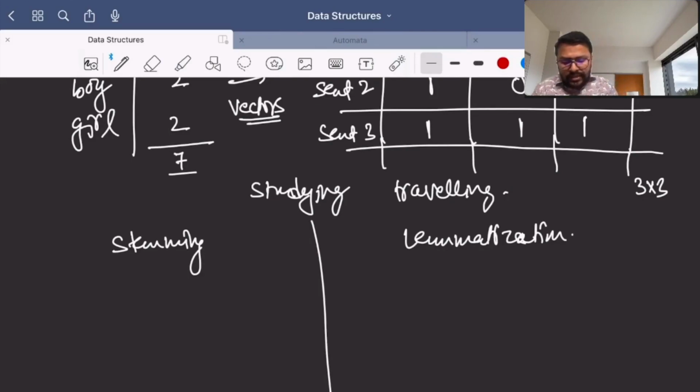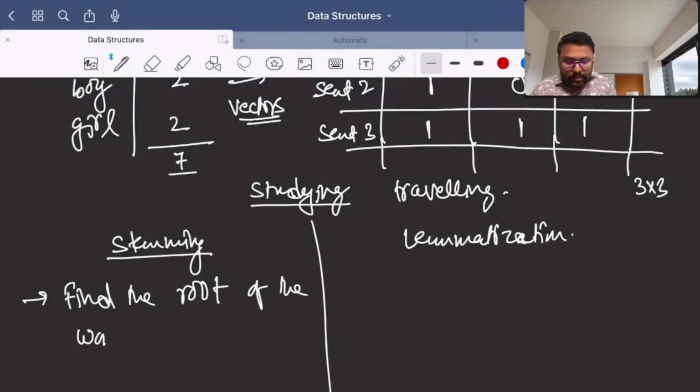So stemming is a process in which we try to find the root of the word. Stem means, in a tree we have a stem which is the main part of a tree. Without a stem, a tree cannot live.